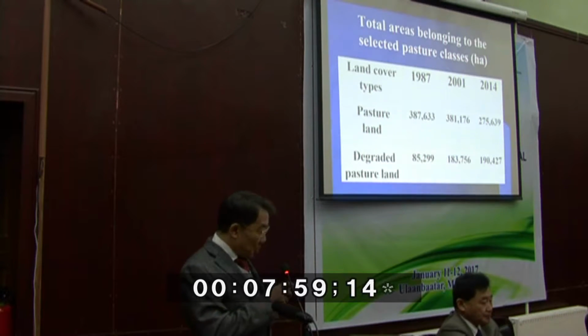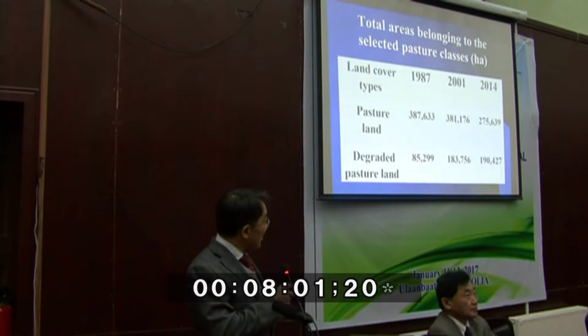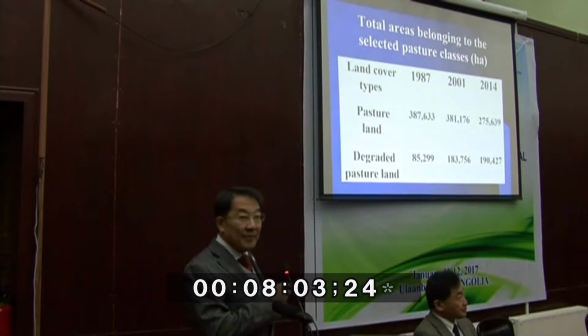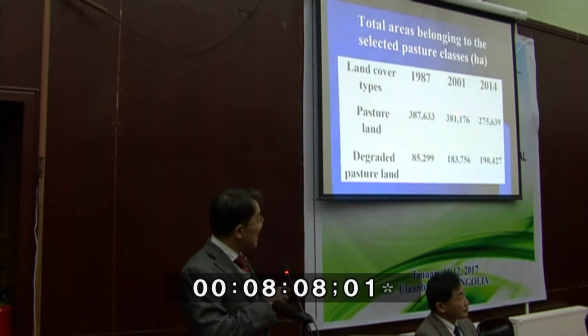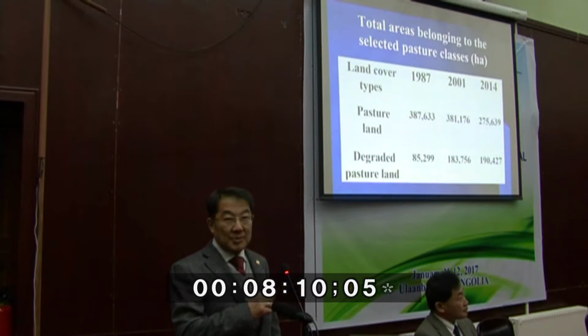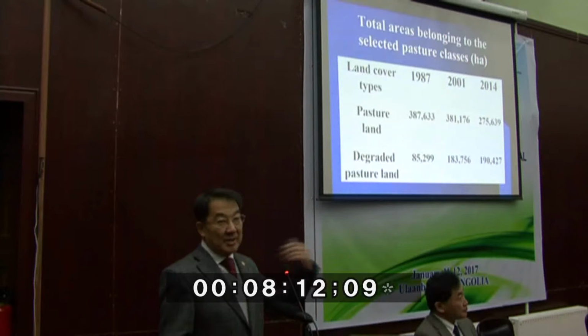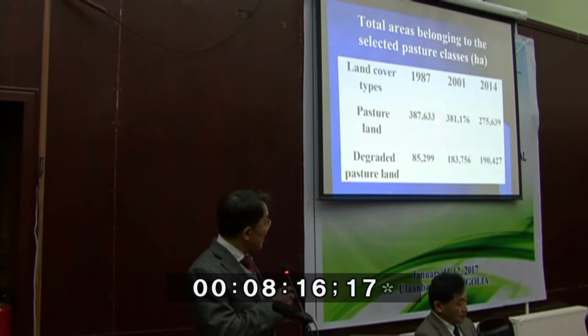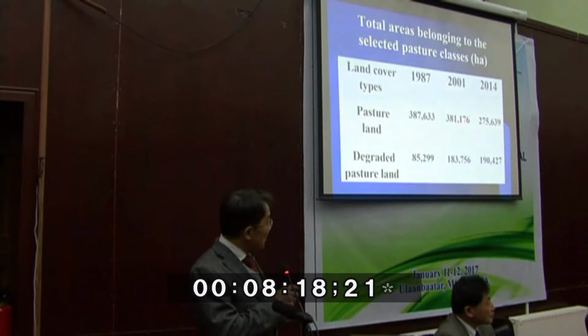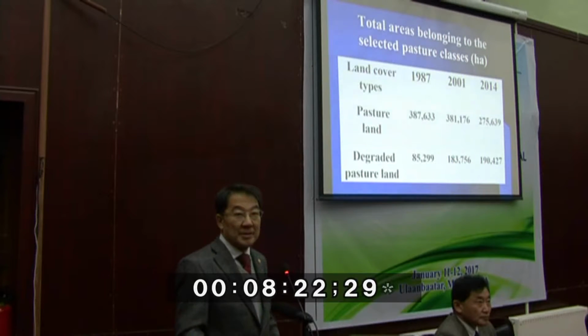Meanwhile, degraded pasture land occupied only roughly 85,000 hectares in 1987. Then, in 2001, these two land cover classes occupied 381,000 and 180,000 hectares respectively.